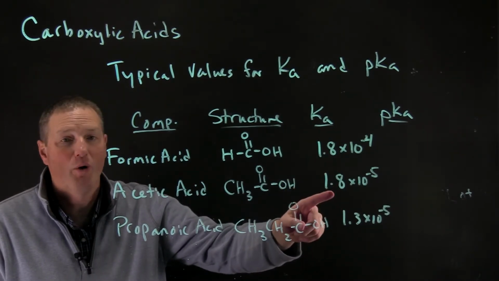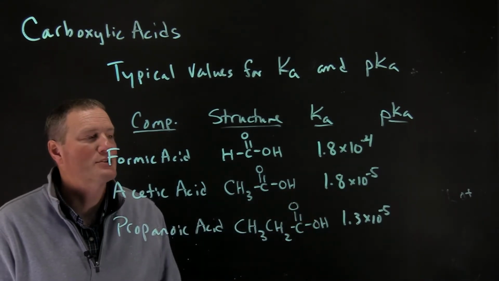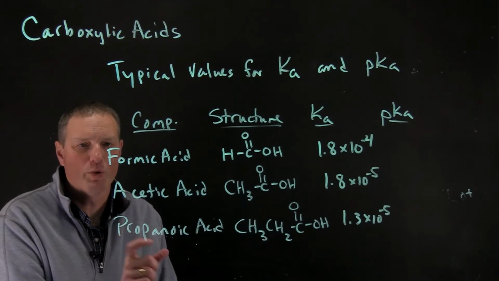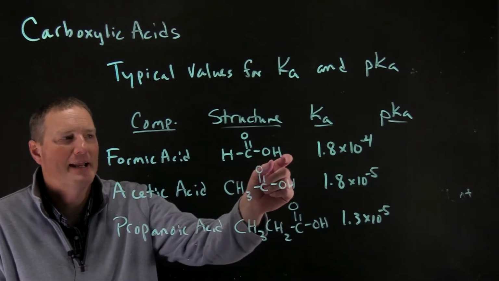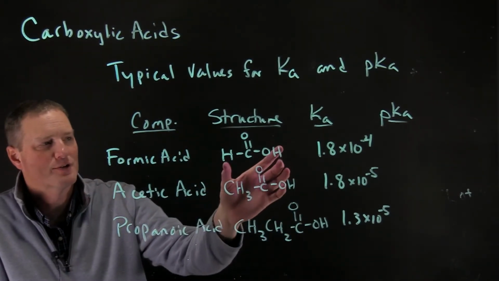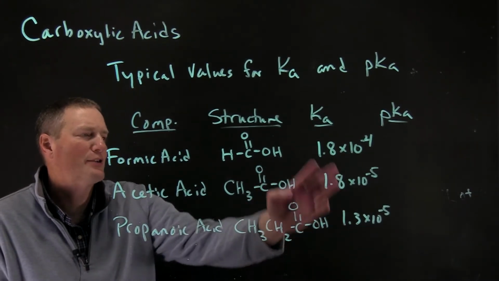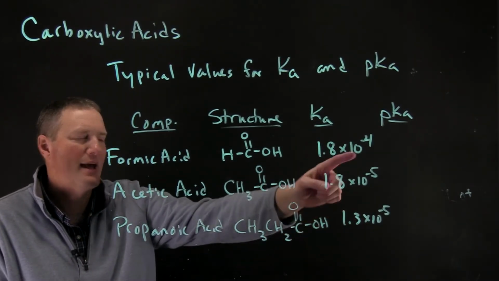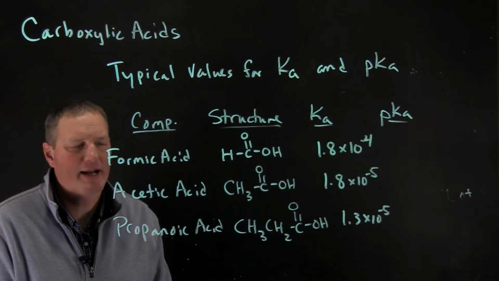This would be 0.00001 and so on, with 4 zeros in front of the 18. So these numbers are very, very small, which means that these are very weak acids. They don't give up their proton that much. The equilibrium is favored towards the protonated form.